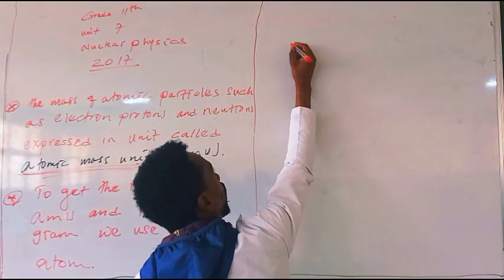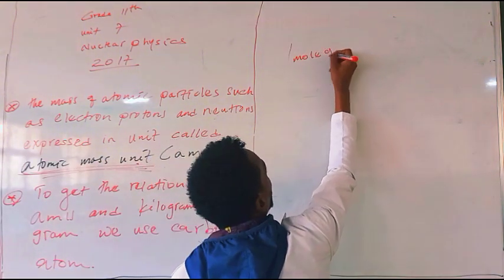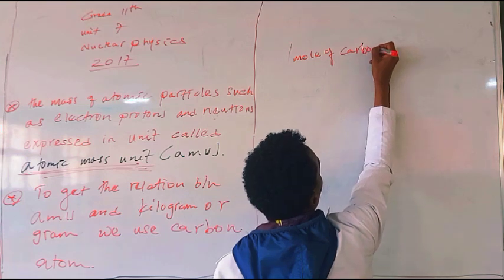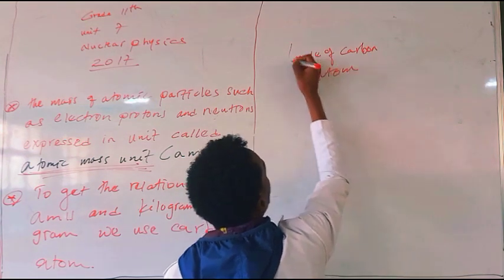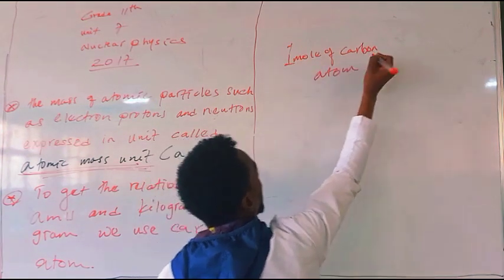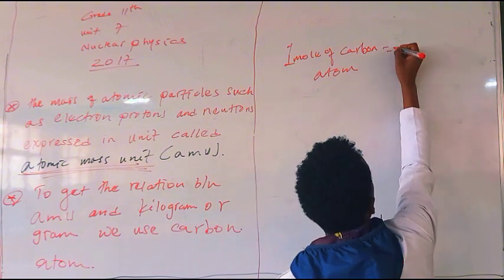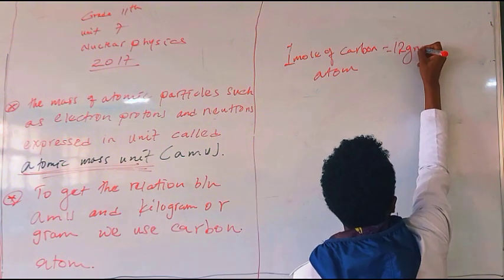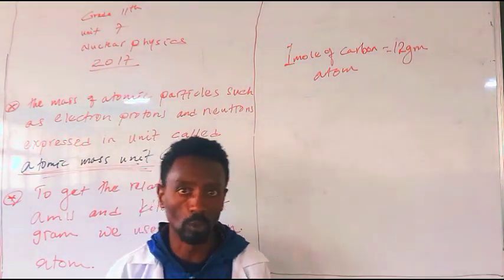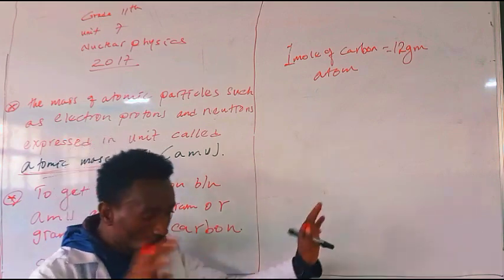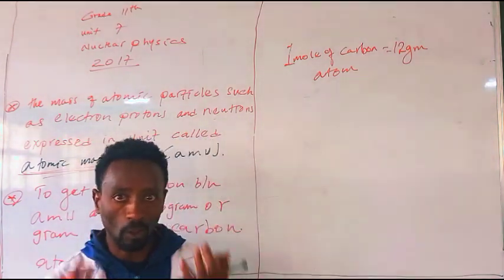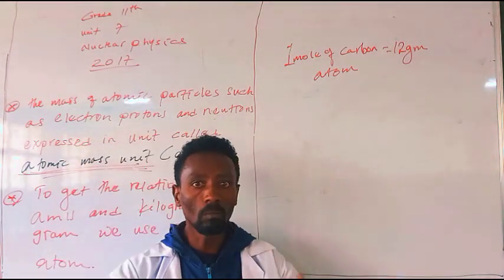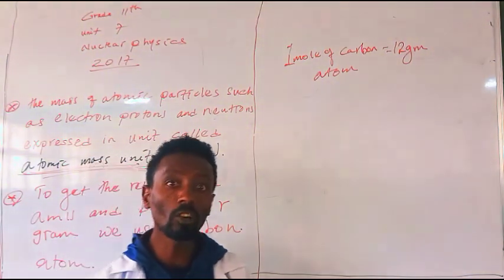You know that one mole of carbon atom is equal to 12 gram. In gram, you know that always one mole of an element has its own mass.